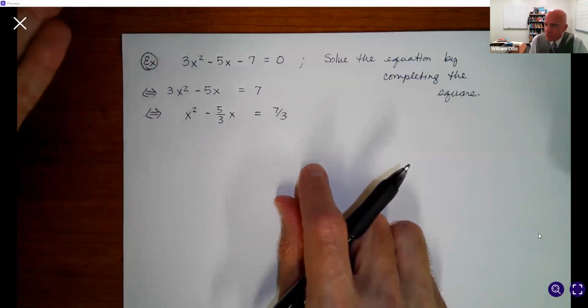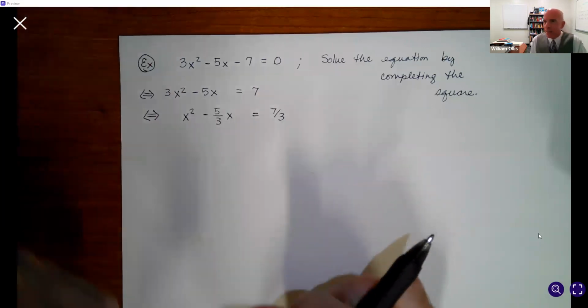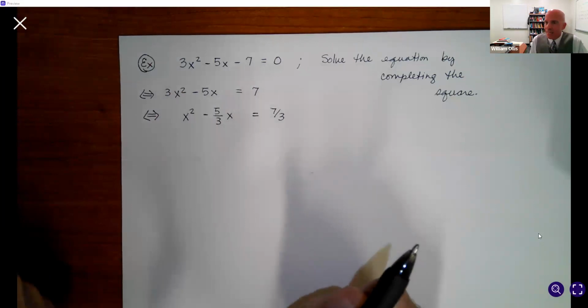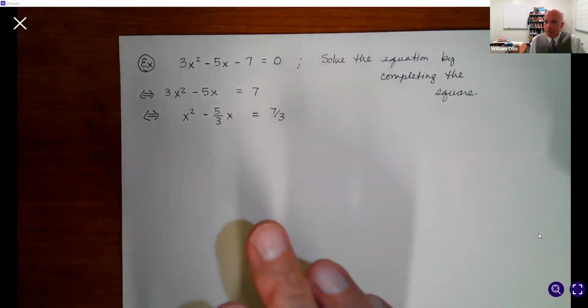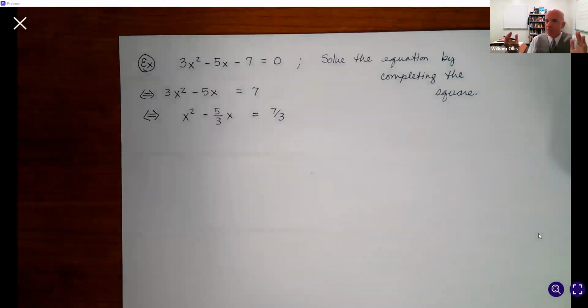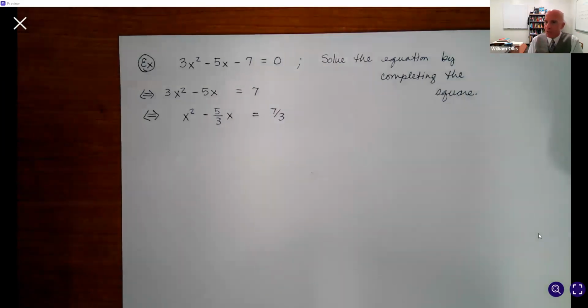But when you deal with functions, it's probably easier to do the method of factoring because you really don't have a right-hand side when you're dealing with a function alone. You don't have the equal to 0.